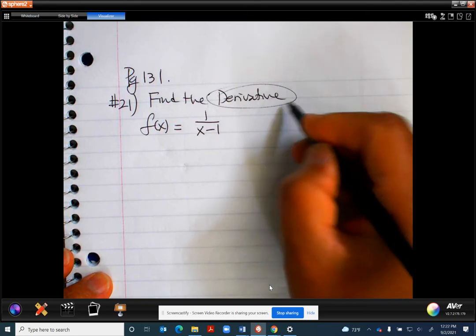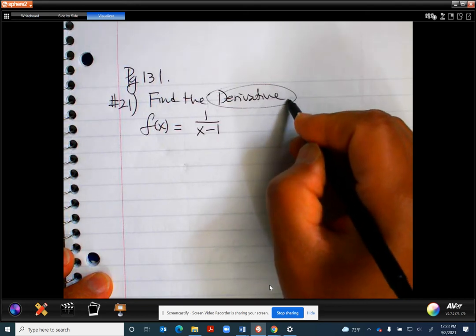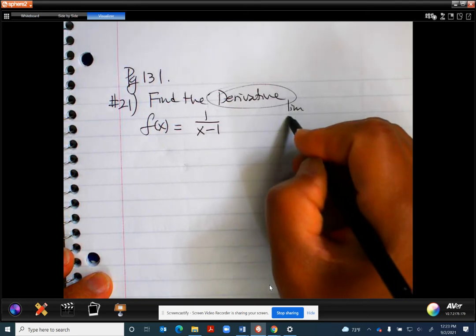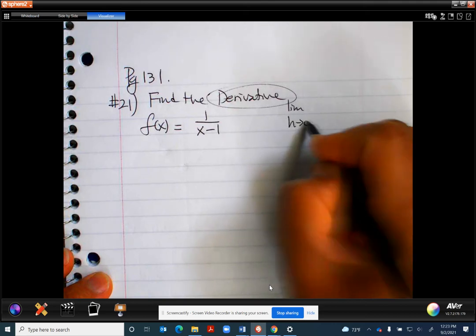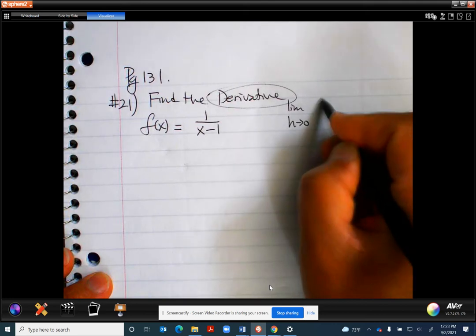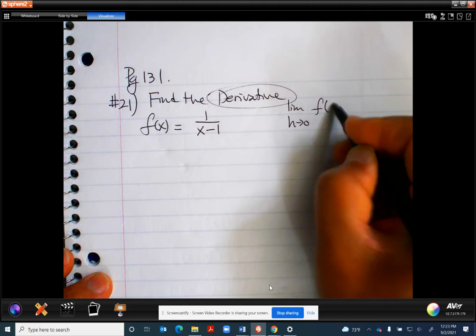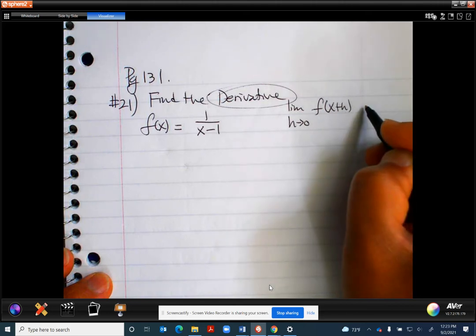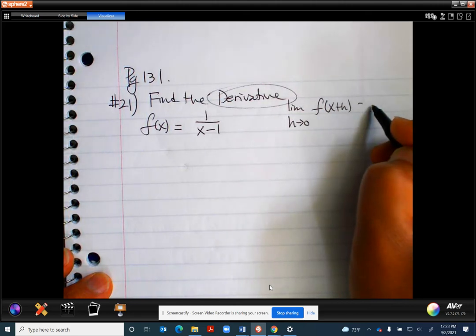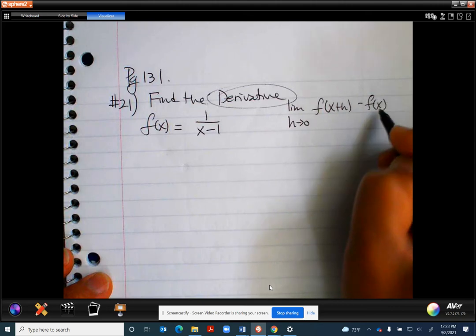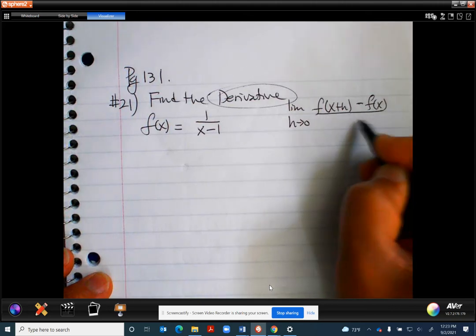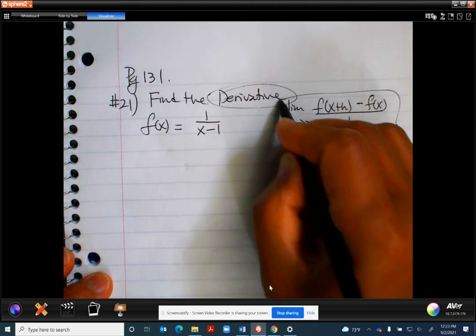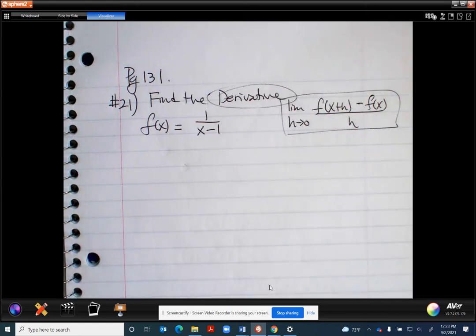Have you memorized it yet? Limit as h goes to 0 of f of x plus h minus f of x all over h. Can you memorize this by end of today? Sure, you can do it.